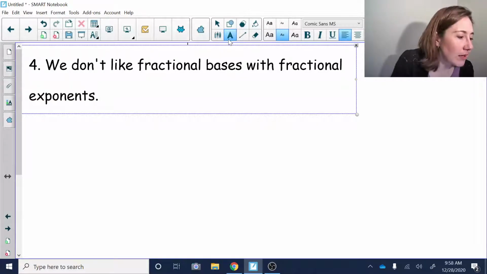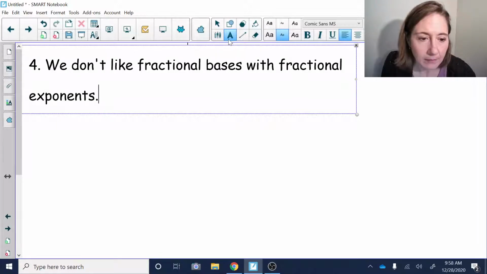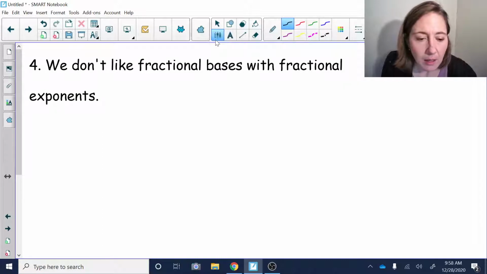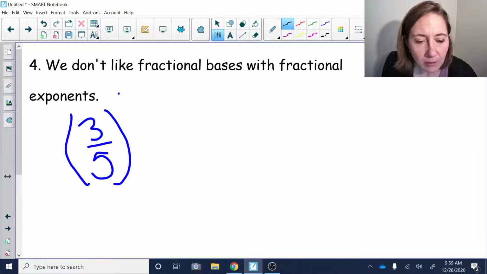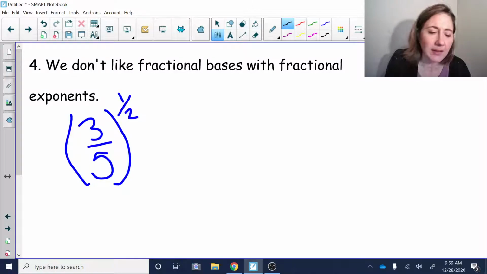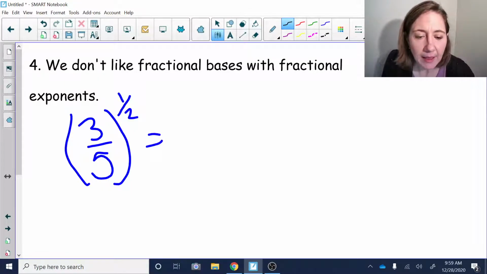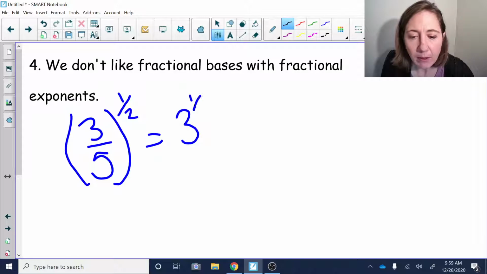So, like, we don't really like to have 3/5 to the 1/2 power. So it's too much to have fractions as bases and as exponents. So let's go ahead and split that up. 3 to the 1/2, and then 5 to the 1/2.